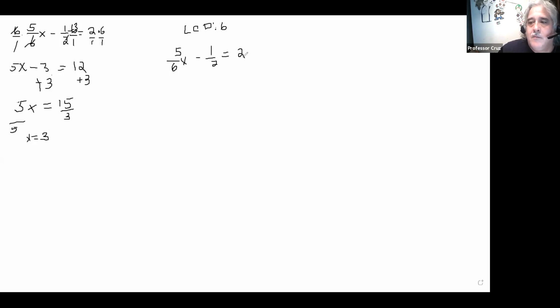So what you've got to do is add 1/2 to both sides. So you still have to work with fractions. My contention is just multiply by the least common denominator. And this is 5/2. So you still have to work with fractions.